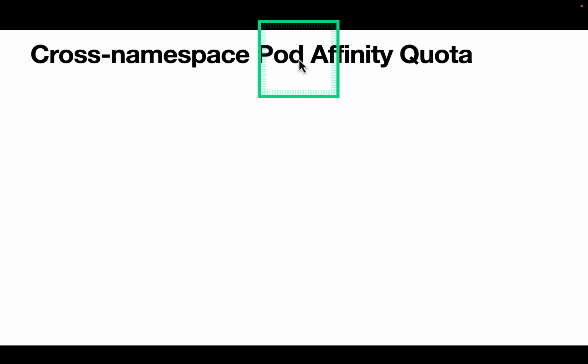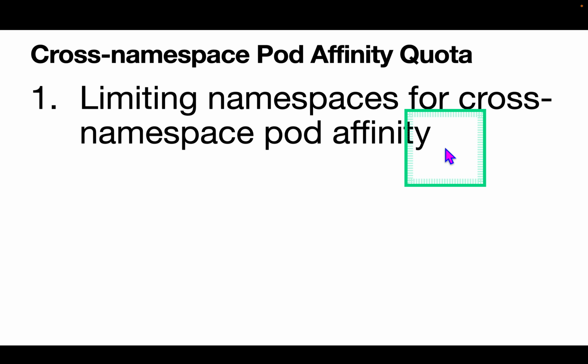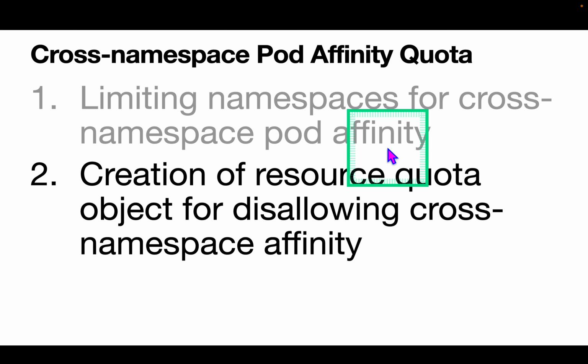Okay, cross namespace pod affinity quota. The cross namespace pod affinity quota scope can limit which namespaces are allowed to have pods with affinity terms that cross namespaces. It controls which pods are allowed to set namespaces or namespace selector fields in pod affinity terms.